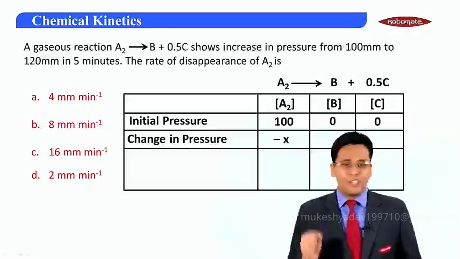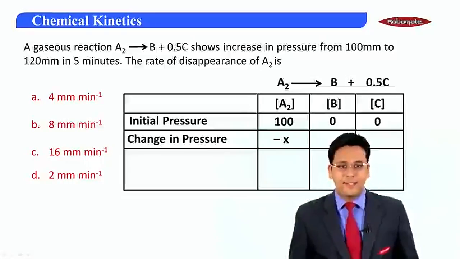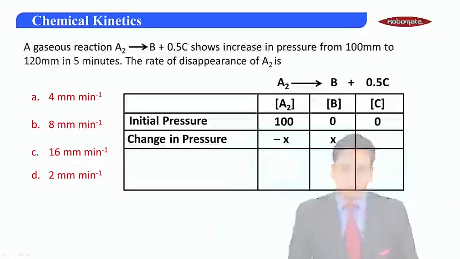For B, it will be X, the reason being that when 1 mole of A2 reacts, 1 mole of B is formed. So when X moles of A2 react, X moles of B will be formed. Same logic can be applied for C, and we will get 0.5X.